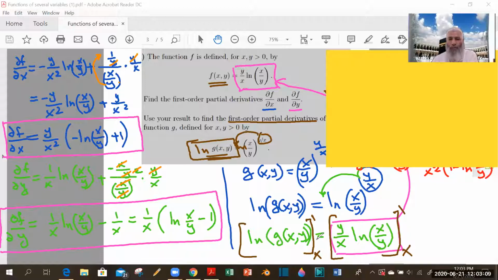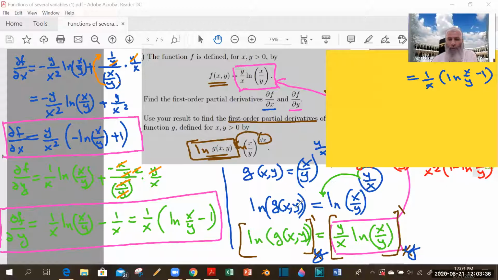Now we will take the derivative of this with respect to y, both sides. The left-hand side is done here. We did it, right? This is equal to 1 over x multiplied by 1. I'm sorry, this is ln x over y minus 1, right?